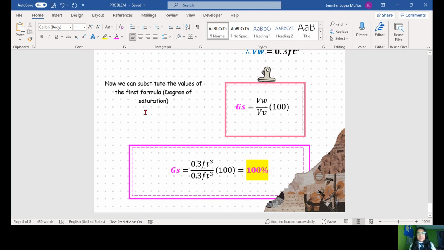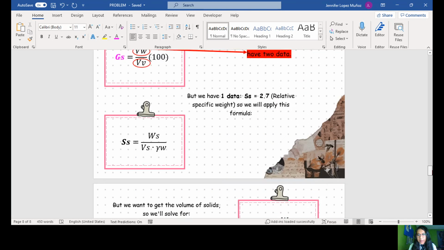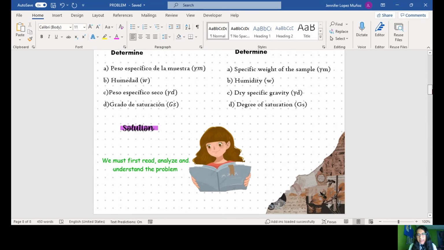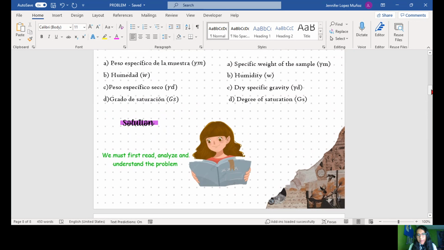And now we can substitute the volumes in the first formula, the degree of saturation, and I can resolve the problem because I have the two data.